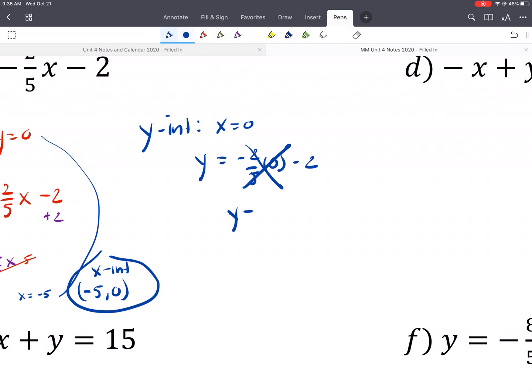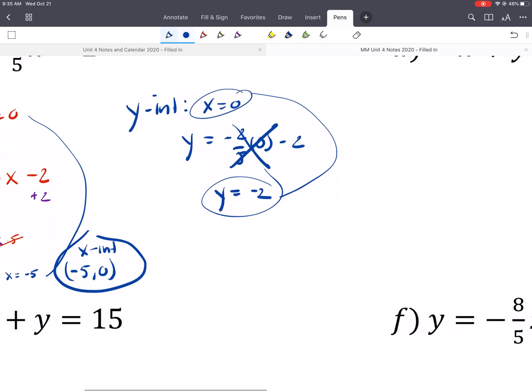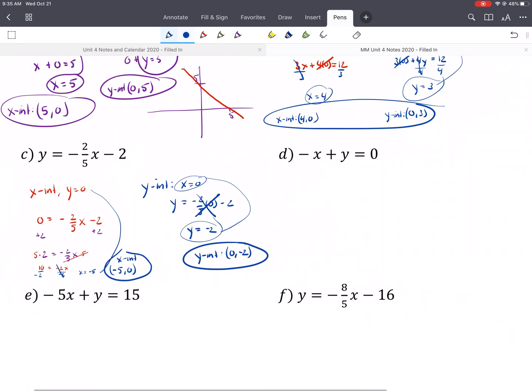So we end up getting y is equal to -2. So the y-intercept here would be (0, -2). Okay? All right, so give D, E, and F a try.